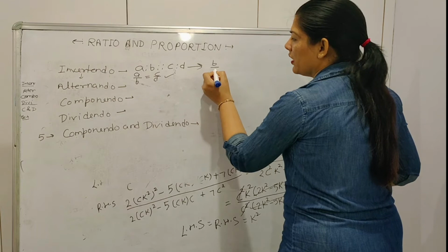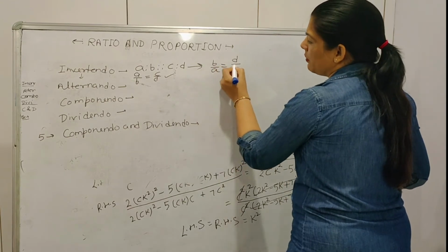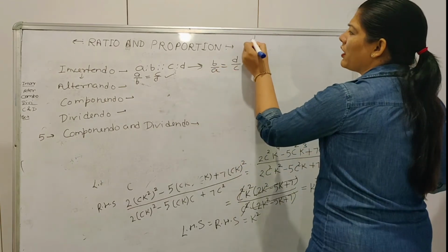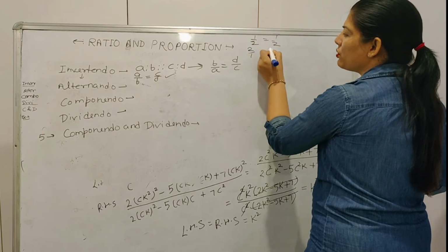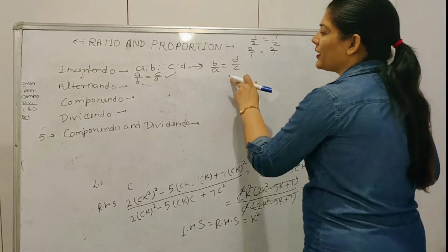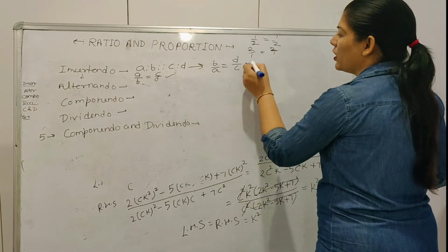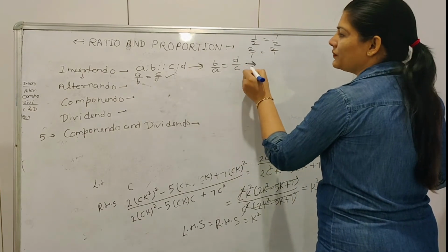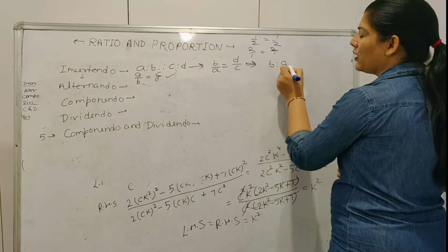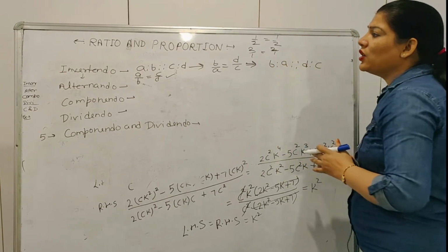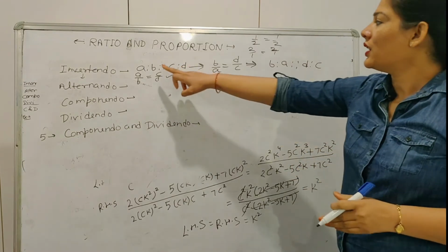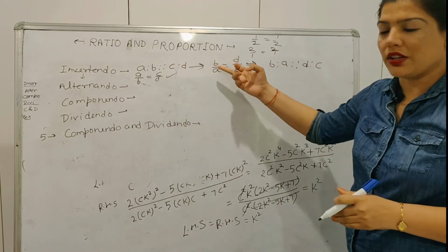B upon A is also equals to D upon C. Suppose I have 1 upon 2 is equals to 1 upon 2, then 2 upon 1 is equals to 2 upon 1 also, na? So it is called invertendo. You can write it as B is to A is proportional to D is to C. So you have changed the numerator by denominator.